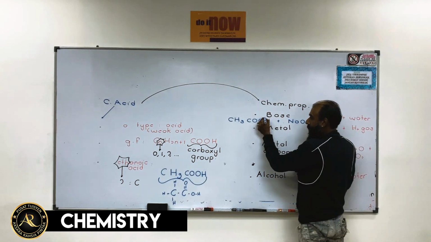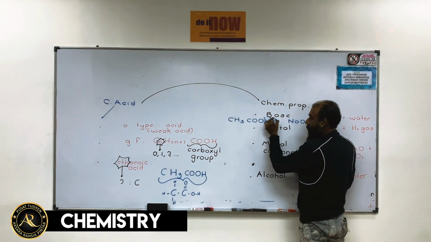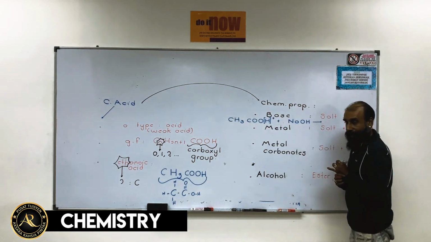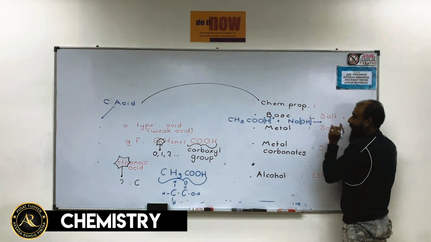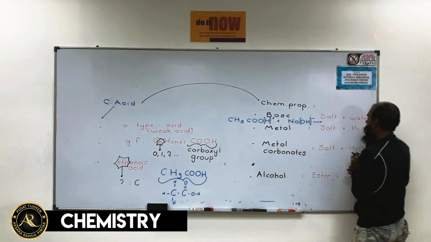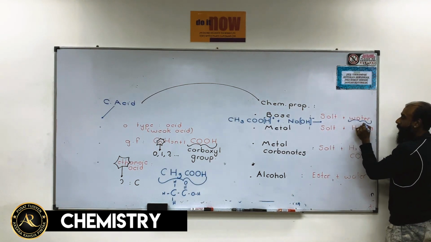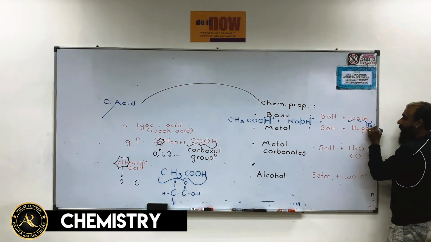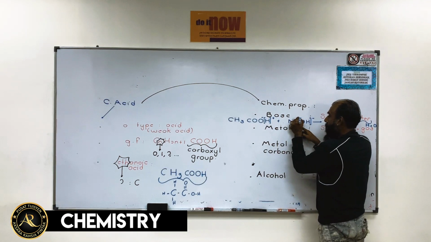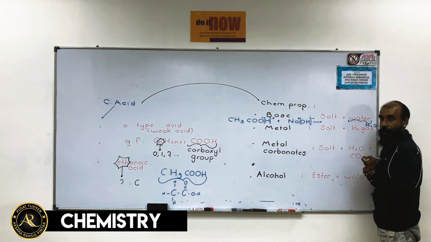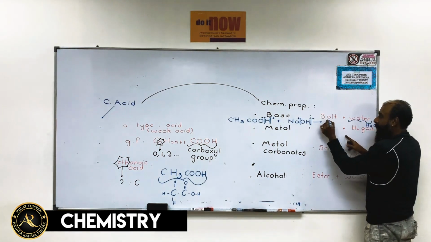The acid ionizes to give hydrogen ions. The alkali gives OH. Joined, your product is water. The salt is the negative ion plus the positive ion of a metal.